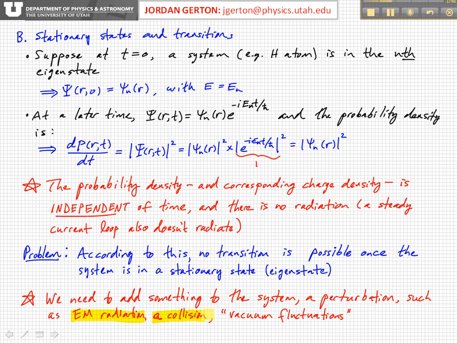Okay, so there's a vacuum energy associated with vacuum fluctuations, which can actually perturb the system, even if it's otherwise isolated. And that actually results in many interesting and important effects, such as spontaneous emission of atoms and molecules. Okay, so we need to add a perturbation to the system to allow for transitions.